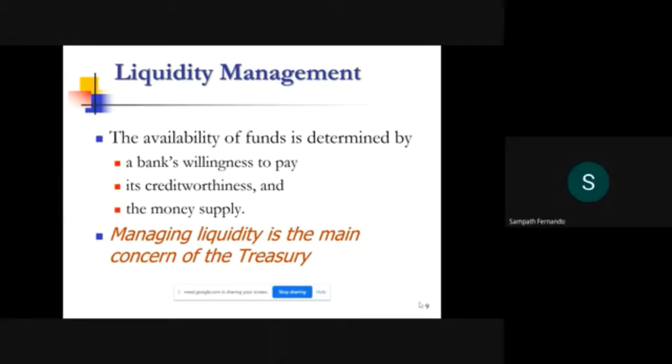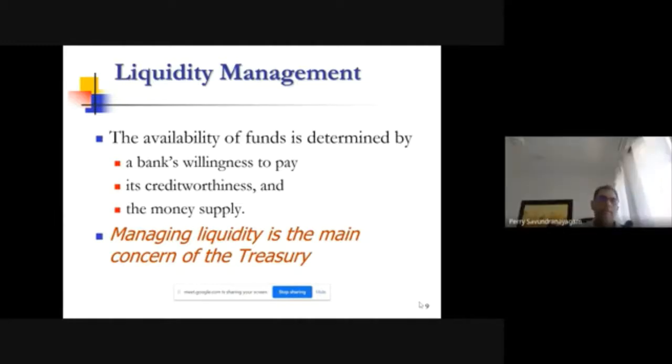So sometimes banks may choose to do that to increase their profits. Okay, very good. Any other views, answers? Okay, so let me put it this way. You both are right.